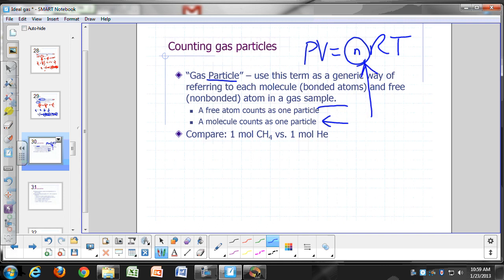So if you compare 1 mole of CH4 and 1 mole of helium, they both have n equals 1 mole, even though CH4 has, how many moles of atoms does CH4 actually have? 5, because each molecule has 5 atoms. But as far as using the equation PV equals nRT, the n there refers to the gas particles, where molecules and atoms are treated the same way. Each one is treated as one particle.